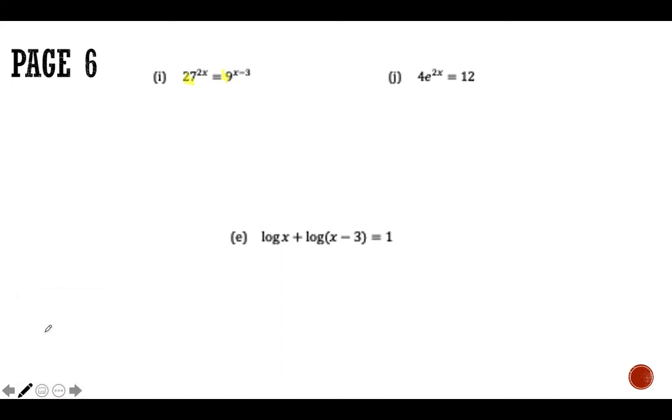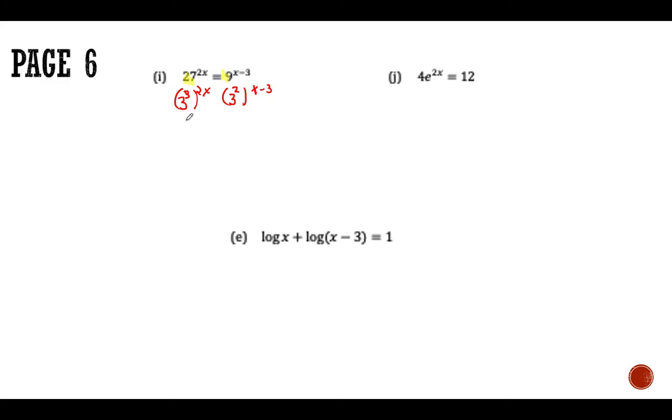And this is where my exponent rules come into play. 27 and 9 both can be written as base 3. 27 is 3 what? Cubed. 9 is 3 what?